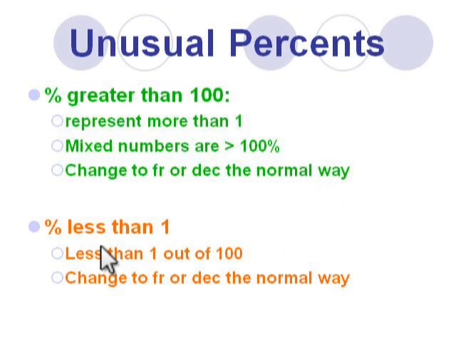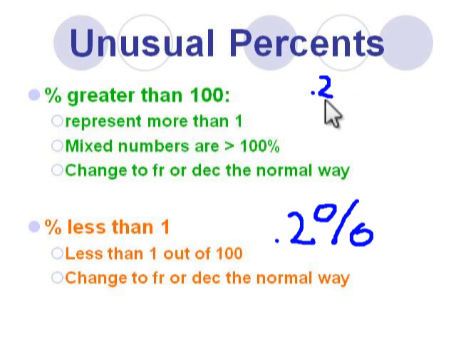If you have a percent that's less than 1, that basically means less than 1 out of 100. So for example, 0.2% means less than 1 out of 100. This means 0.2 out of 100. So let's see what that looks like as a decimal. 0.2 out of 100. Well, the bad thing is you can't have a decimal in a fraction. So it's really easy to take care of that.